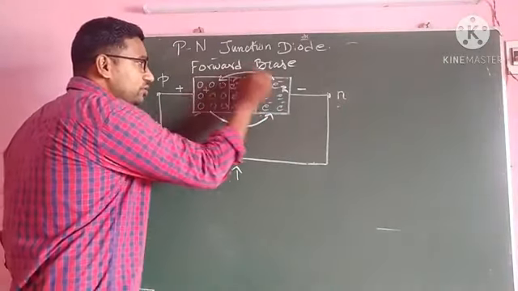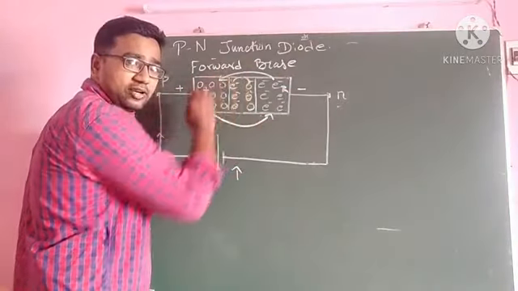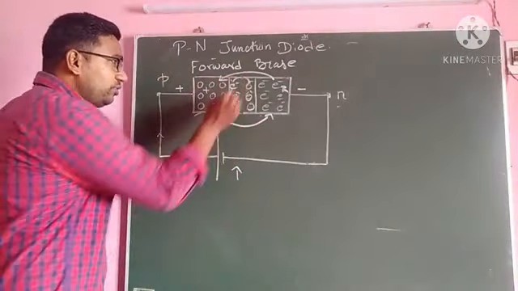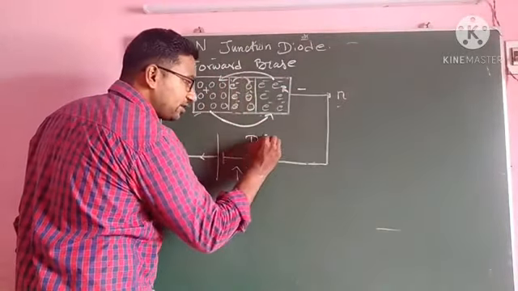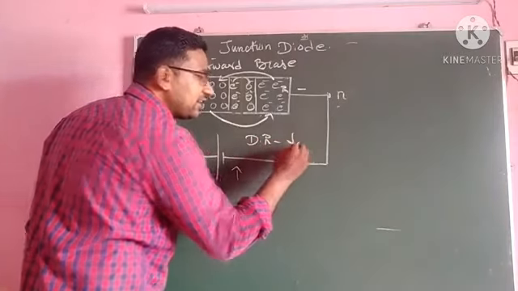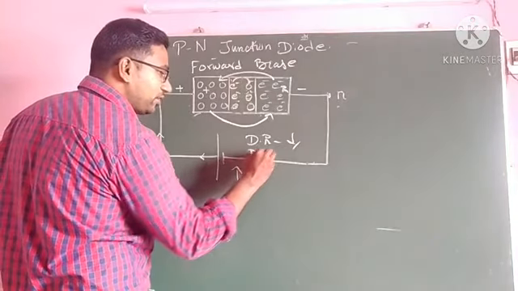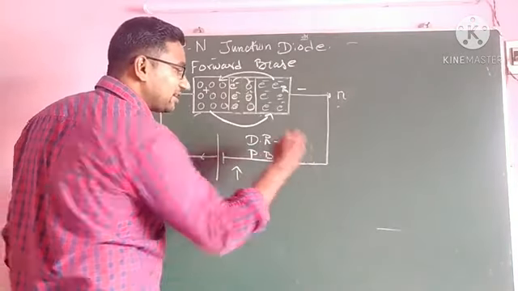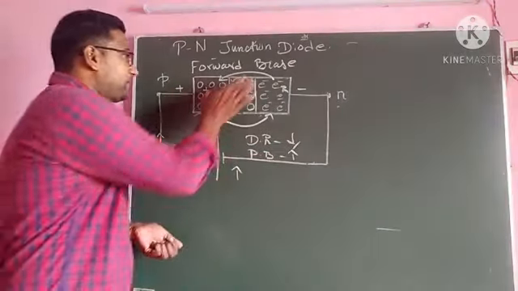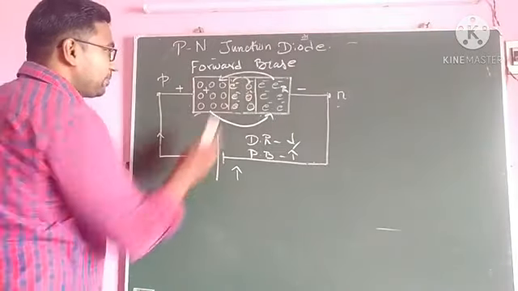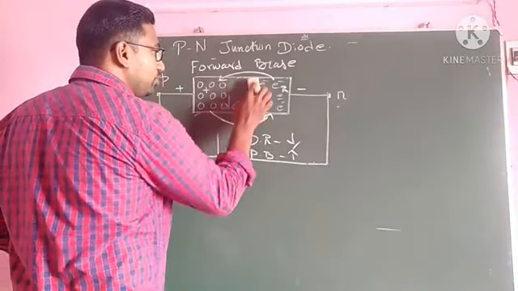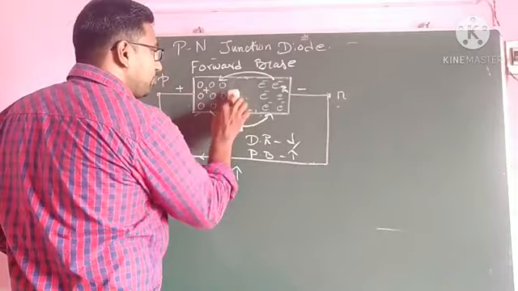Then only the holes and electrons will travel. So the depletion region width decreases, and at the same time the potential barrier width increases. So the depletion region disappears if you increase the forward bias.